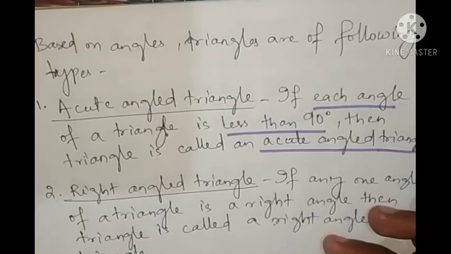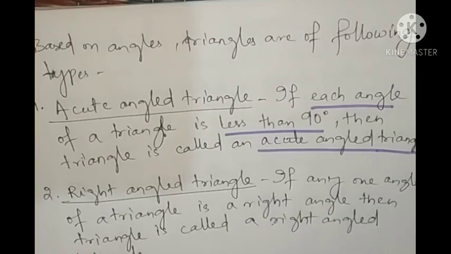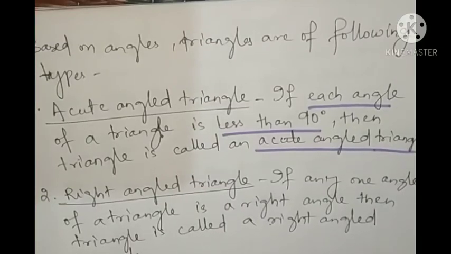Each angle means all the angles are less than 90 degree.